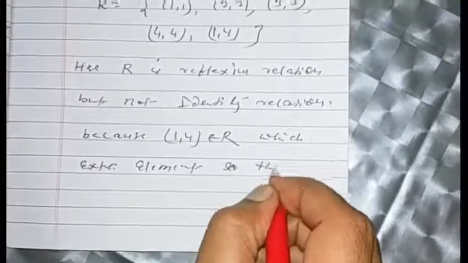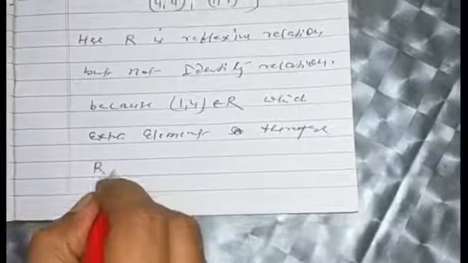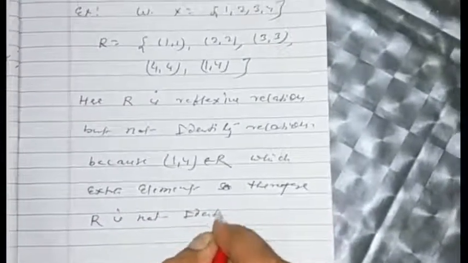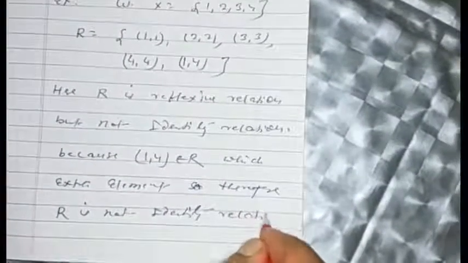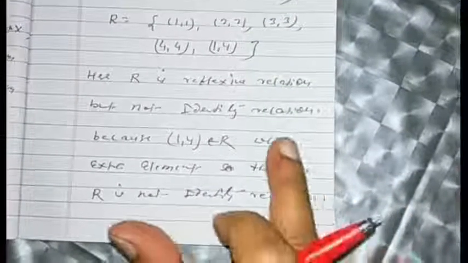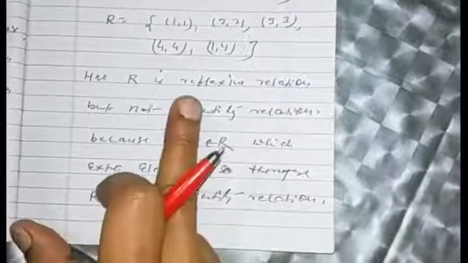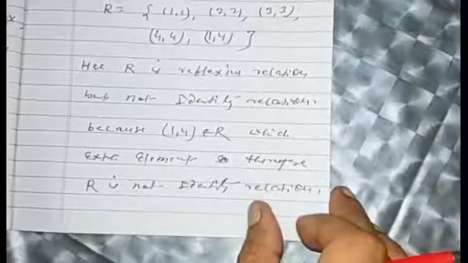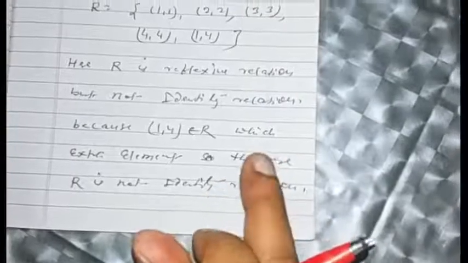Therefore R is not an identity relation. So we conclude that an identity relation is a reflexive relation, but the converse is not true.